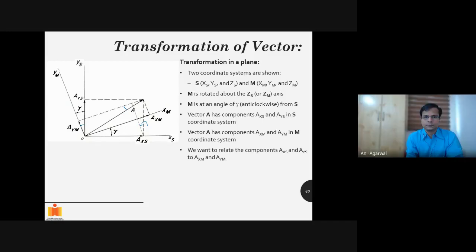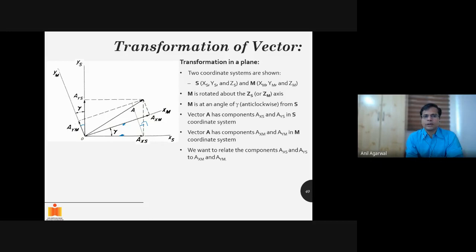Gamma. This angle I don't know for sure. This one is gamma. Are you sure? How do you know? See, gamma was the angle between this line and this line, right?